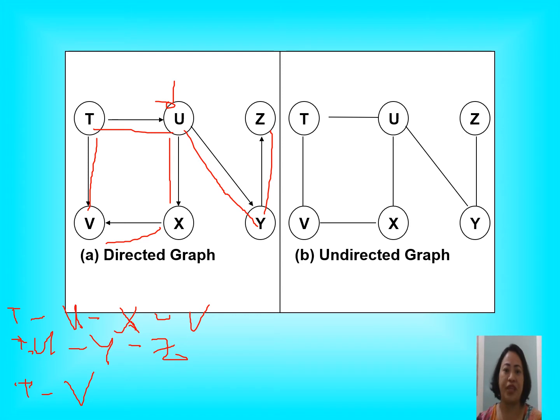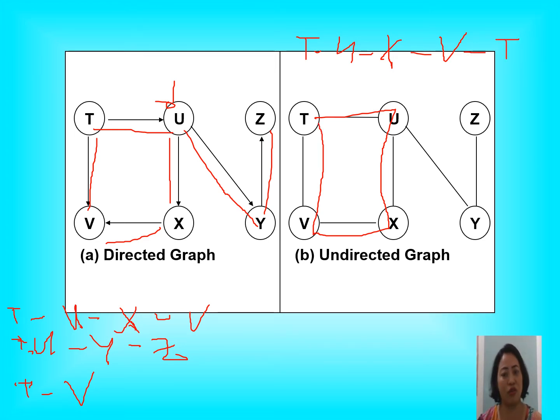So if we try to write all the paths from T, we could have from T to U to X to V, and it could go back to T, right? Or it could end at V, right?